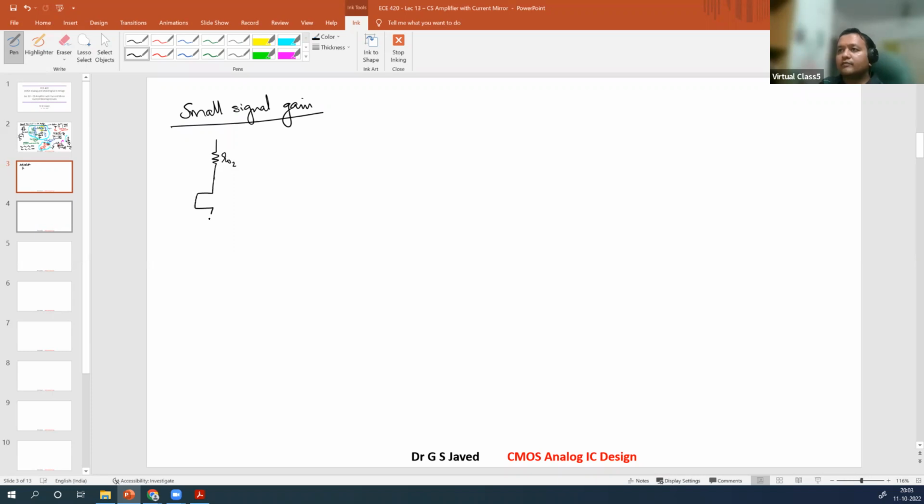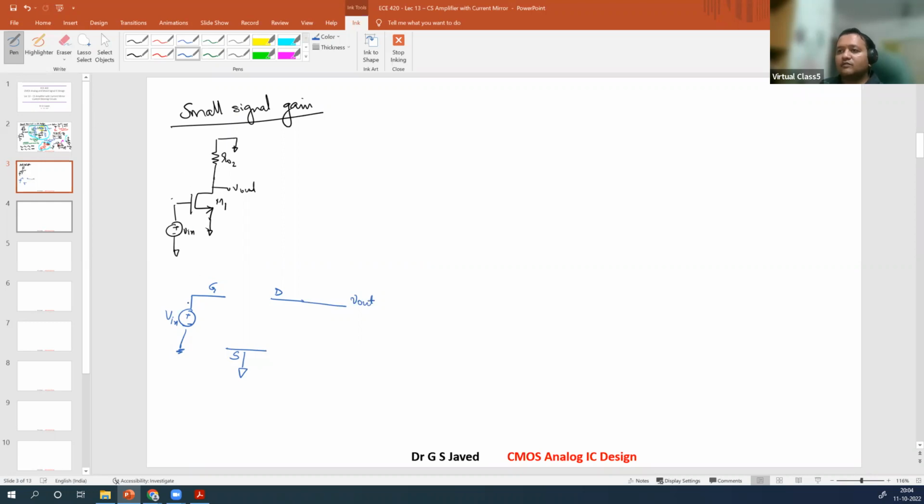RO2, M1, V in, V out. This is grounded. This is also grounded. So the model will look like this: gate, drain, source. Source is grounded. Gate has V in. Drain has V out.